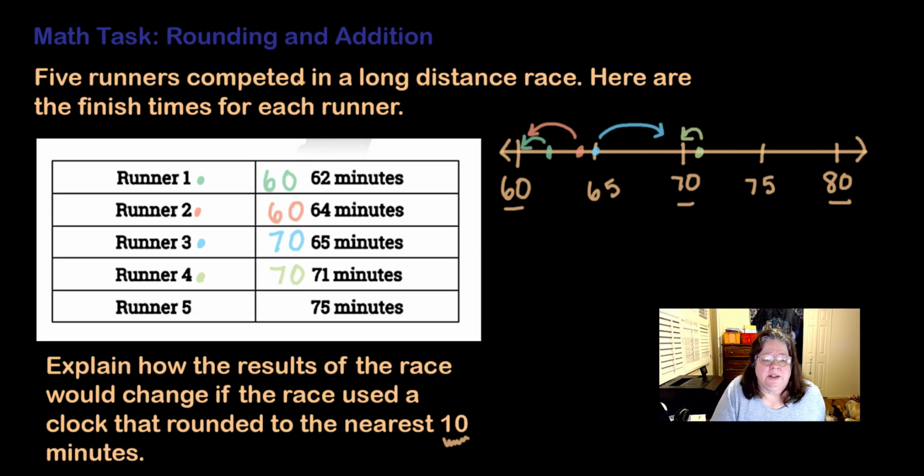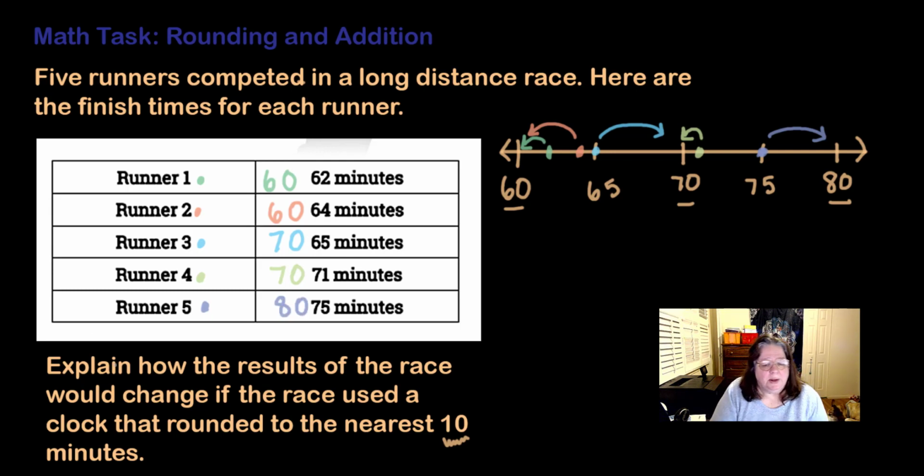And runner 5 will be purple. Runner 5 is at 75 minutes. Oh, that's right in the middle here. And so if we're rounding to the nearest 10, we wouldn't round down because our rule is that if it's 5 and over, or if it's at the midpoint and over, we would round up to 80.